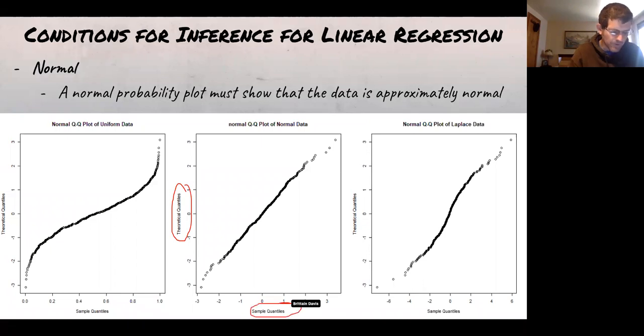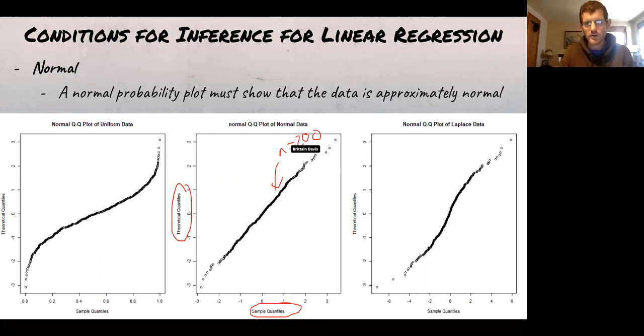Let's say that this is 200 data points right here. They have a theoretical framework that says, okay, with 200 normally distributed data points, the lowest should have a z-score of negative 1.96, or this one is saying negative 3 point something.